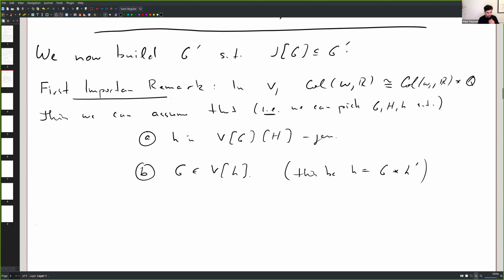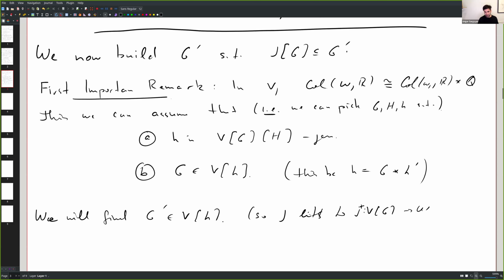Right. So now we work. We want to find G prime in V[H], so that J lifts to V[G] going to the ultrapower V_U[H] with G prime in V[H].